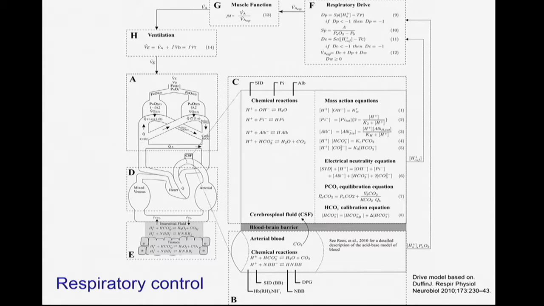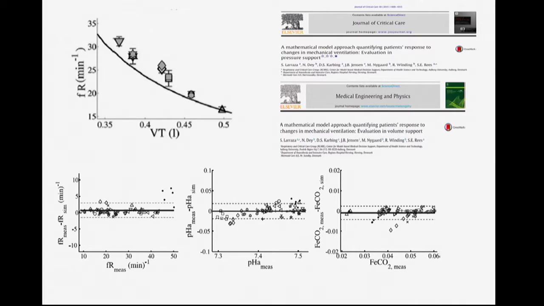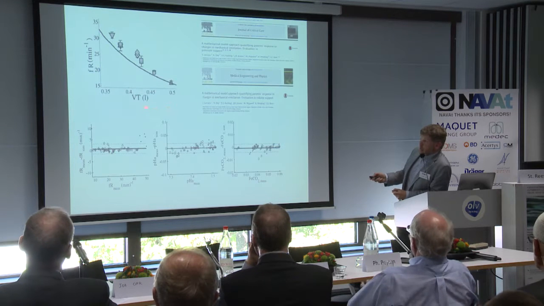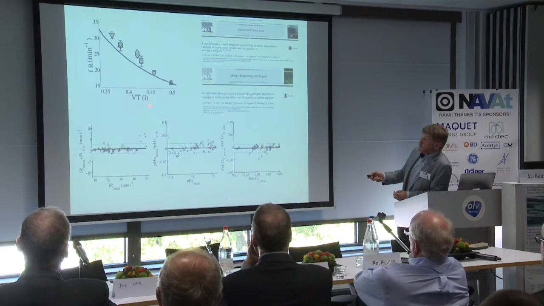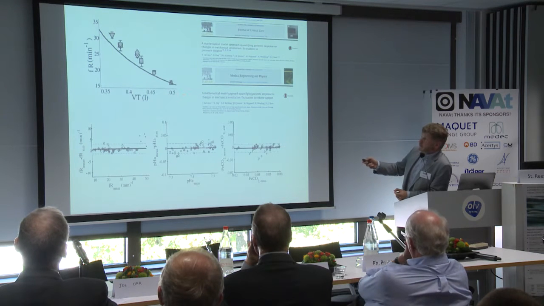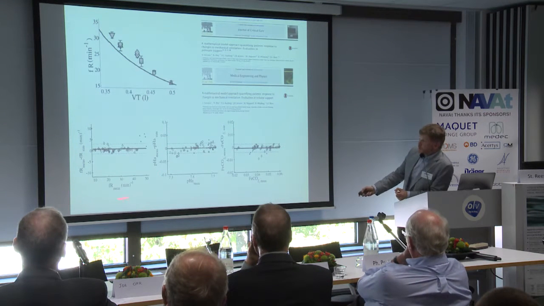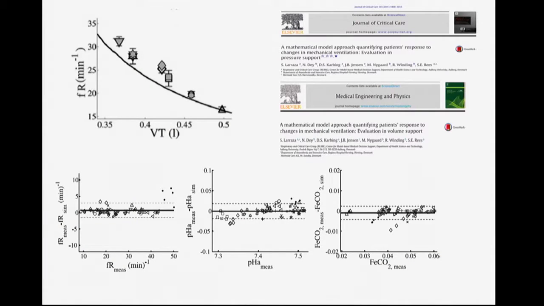So again, you have a reduced drive in a patient waking up if they have pre-existing COPD. We evaluated those models in the ICU by performing experiments of varying either volume support or pressure support at 5 different levels and seeing if we could predict changes in frequency, pH, and end-tidal CO2 in patients with spontaneous breathing activity. And we could predict those quite nicely.